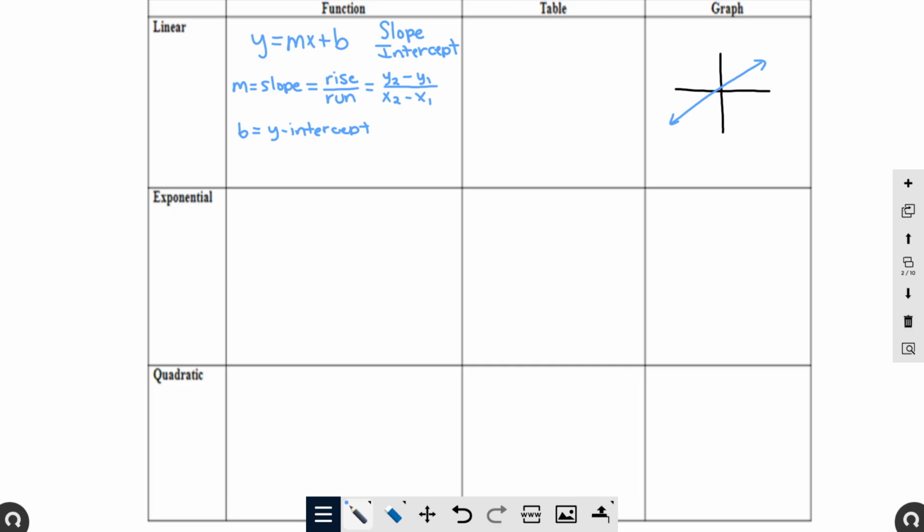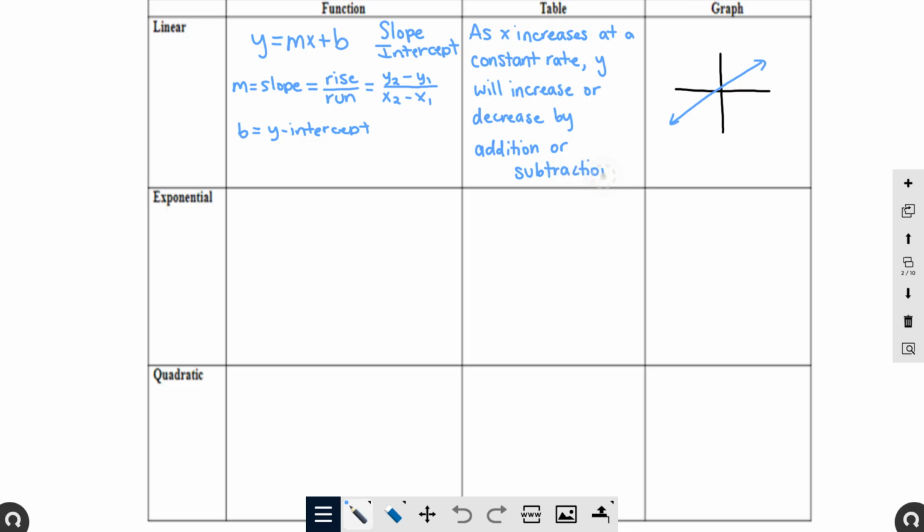So for a table, if you're given an XY table, we would say as x increases at a constant rate, y will increase or decrease by addition or subtraction.